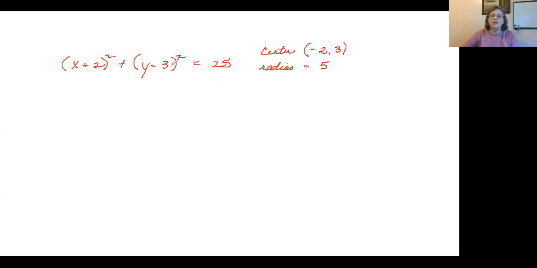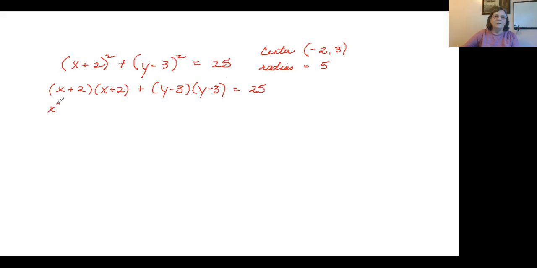But what they call the general form is where you take everything, multiply it all out, and set it equal to 0. Now, when you square a binomial like this, keep in mind that you have to FOIL it out. So rather than that, let me write this as x plus 2 times x plus 2, plus y minus 3 times y minus 3, equals 25.